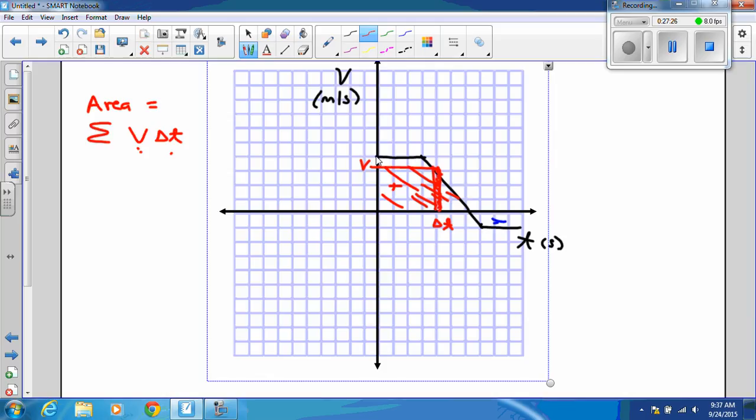Okay? So if I were to take the 3 meters per second, and during that time interval, 0.2 seconds, and multiply those, then that would give me a displacement of about 3 times 0.2, or about 0.6 meters. And what that's saying is, during that small time interval, we went 0.6 meters.